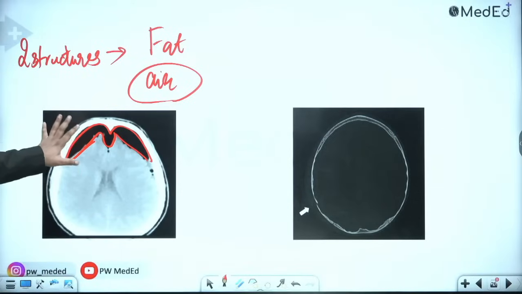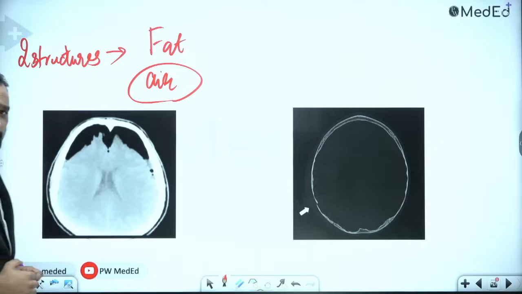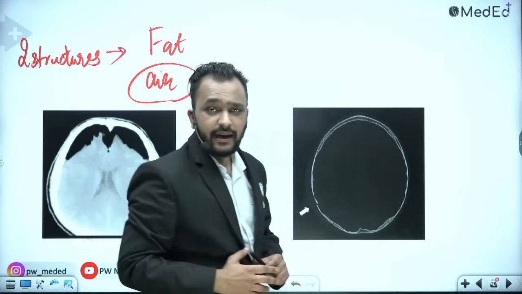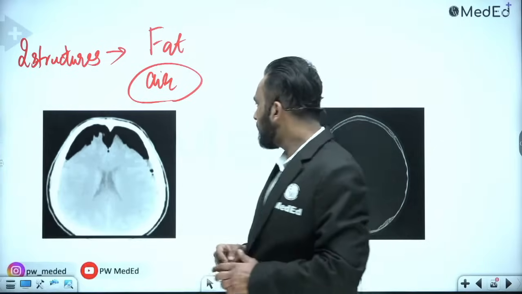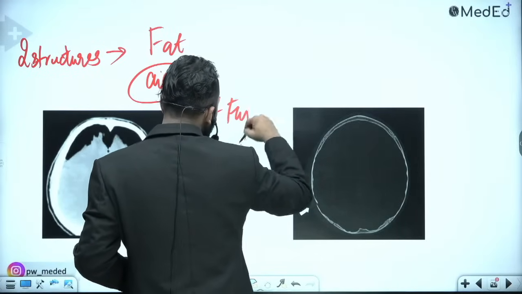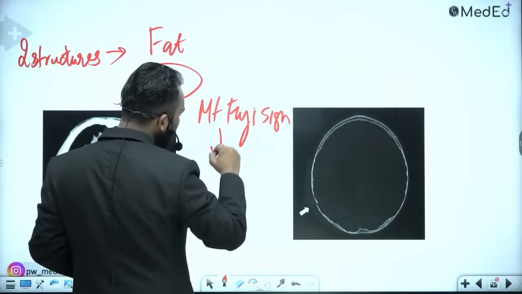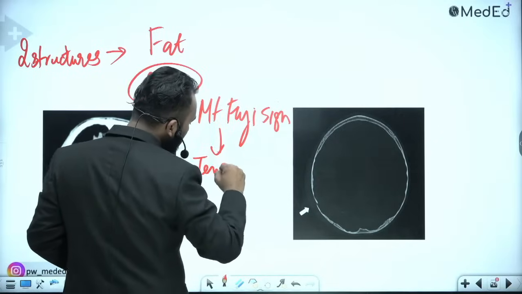So this is not your fat, this is a collection of air just anterior to the brain, and this is known as the Mount Fuji sign, seen in patients with tension pneumocephalus.